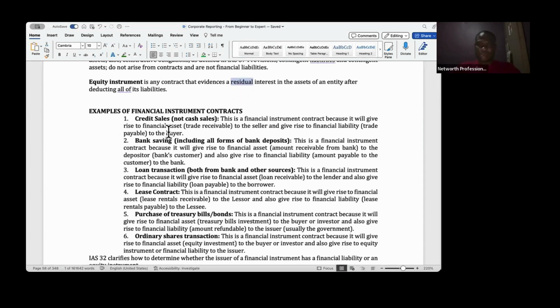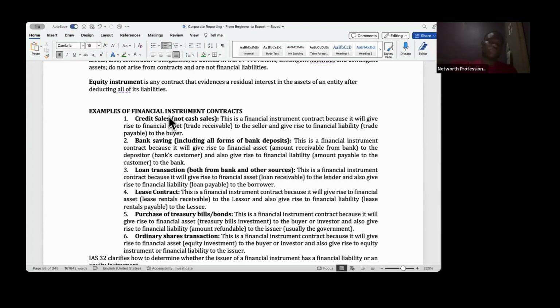The first example I will look at is credit sales, not cash sales. When you sell on credit, it is a financial instrument contract because it will give rise to a financial asset to the seller, that is a trade receivable, and a financial liability to the buyer.